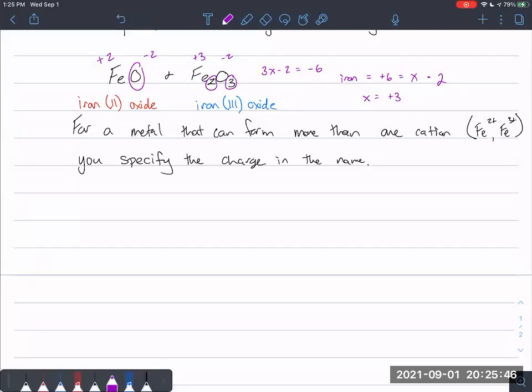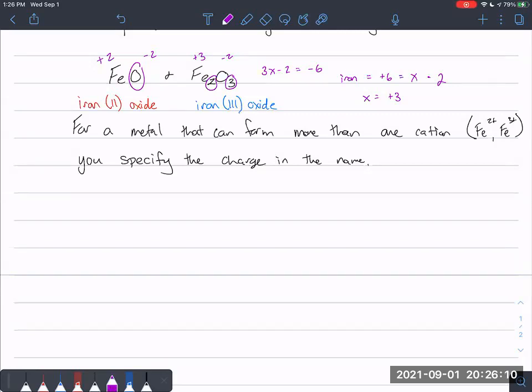Sorry, Professor. So how do we know a metal can form more than one cation? If it's a transition metal. There are just 3 transition metals that don't: silver, cadmium, and zinc.